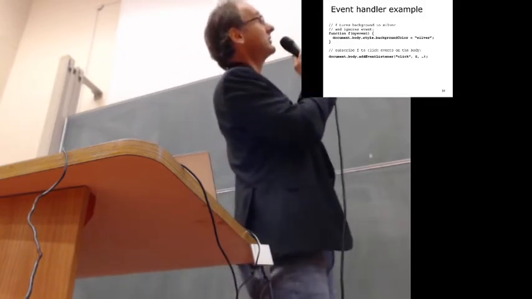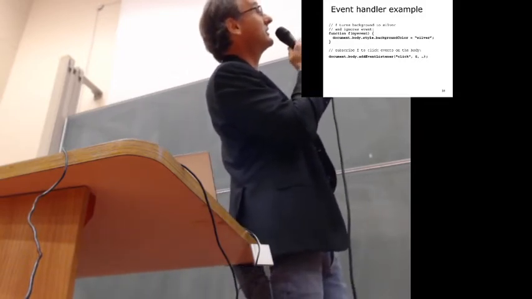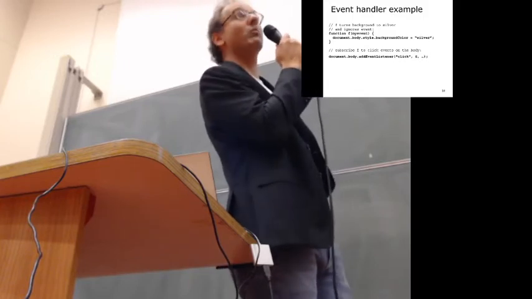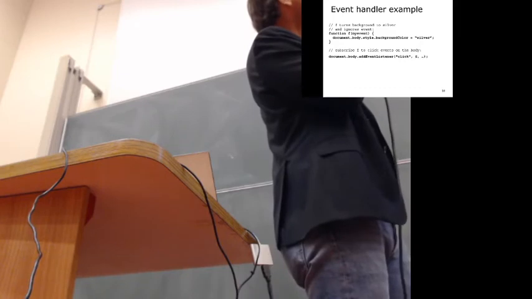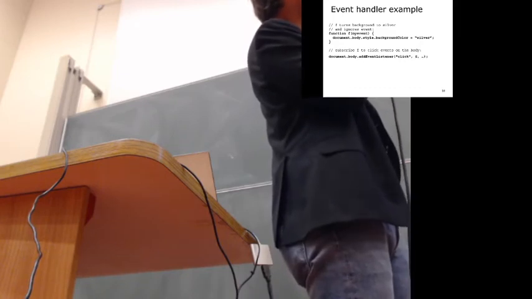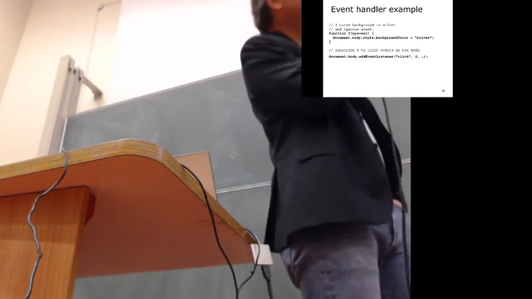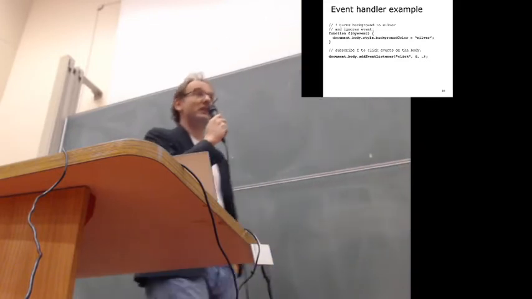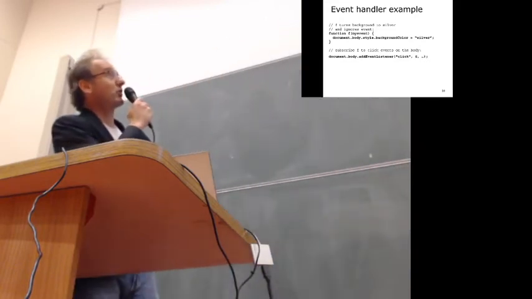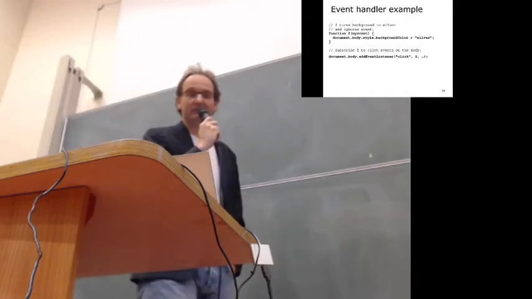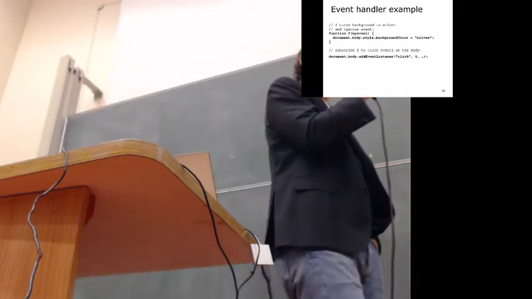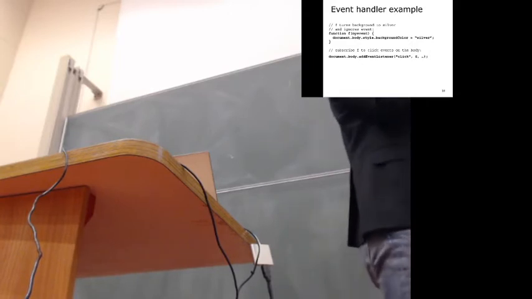This is a line of code that combines the DOM with the CSS property background color and changes it in the JavaScript. What this example is not about is how you change the color, but when you call this function f.